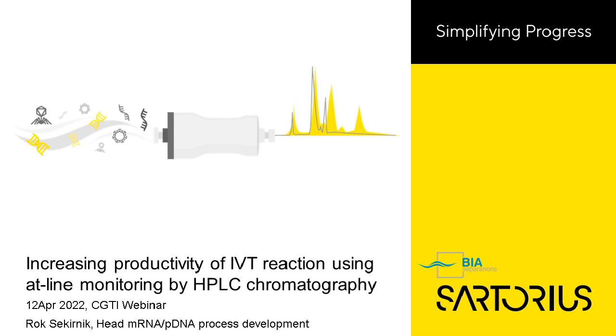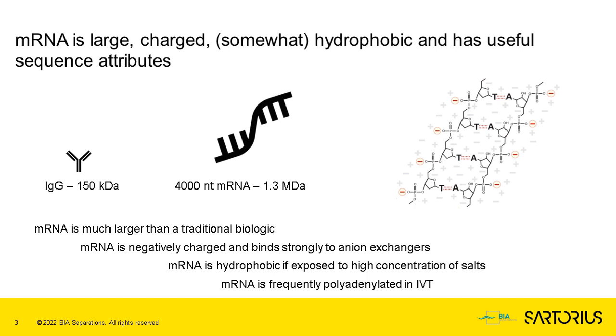So this is the scope of the webinar today, and I like to start every introduction by considering some of the essential properties of mRNA. We can say RNA, as the M is being joined by other acronyms of recent, and we look at it from the perspective of physical chemical properties rather than biology.